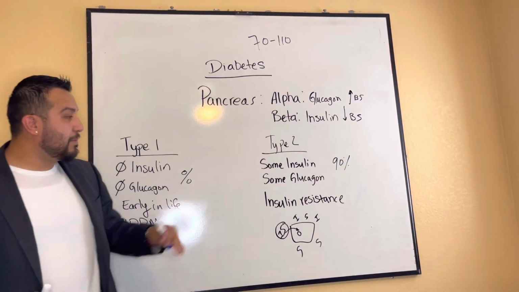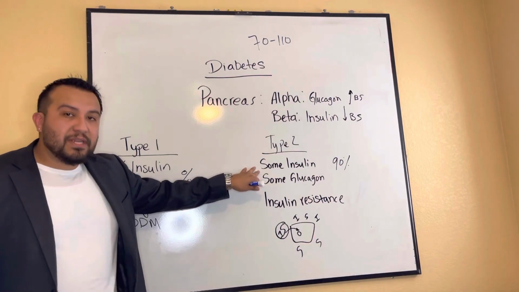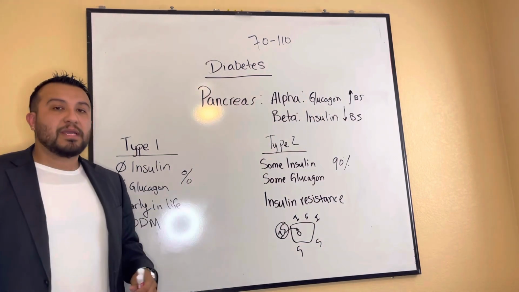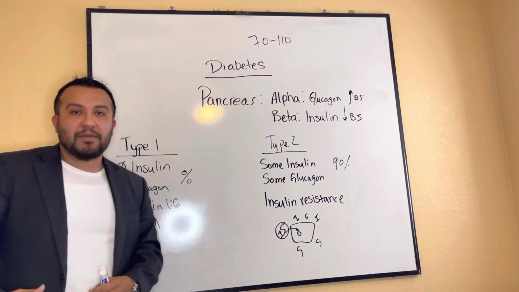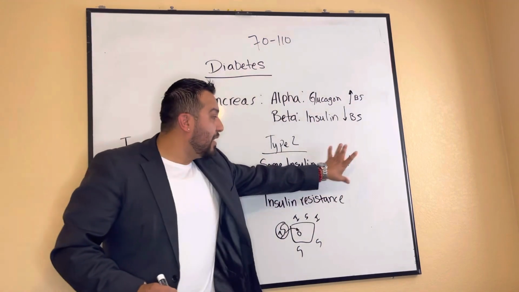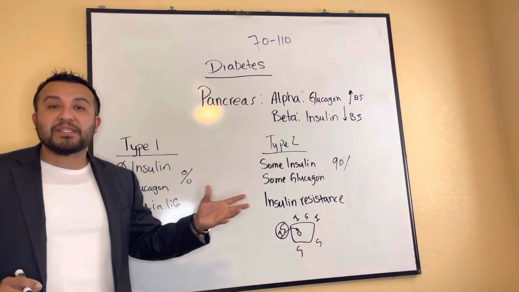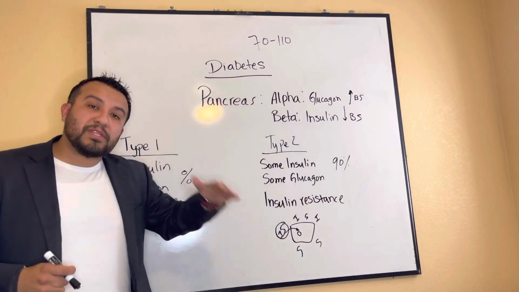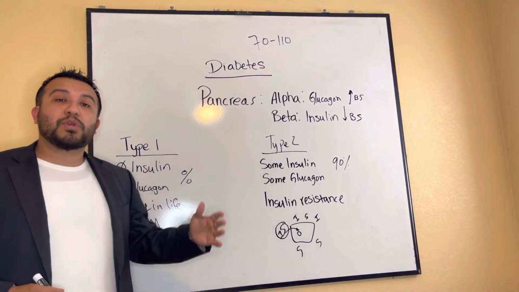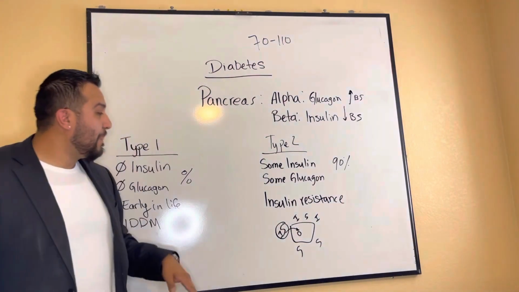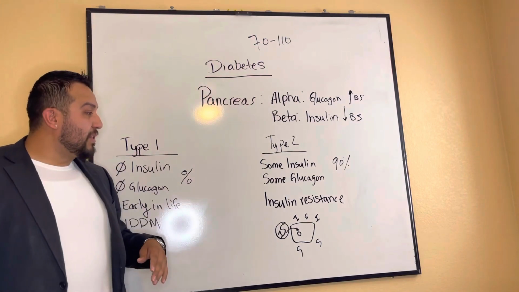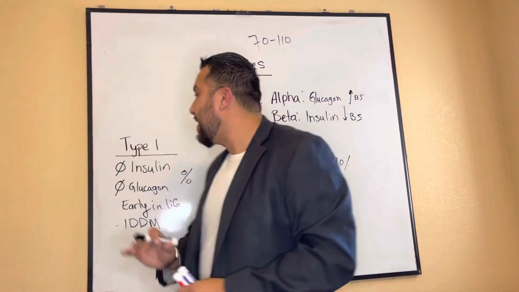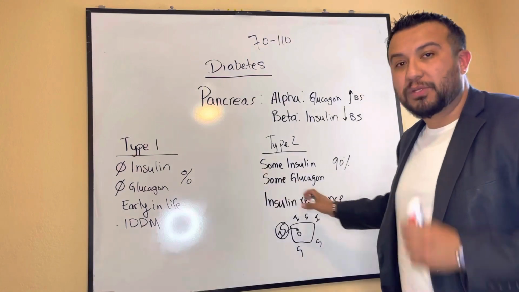Continuing with type 2 diabetes. Again, these patients have some insulin, some glucagon. It just depends on what lifestyle they have, whether it's going to maintain the percentage of insulin that it's still releasing, or whether it's going to wither down and become so low that it requires some additional help. And we talked about insulin resistance. That, in a nutshell, folks, is the difference between your type 1 and type 2.